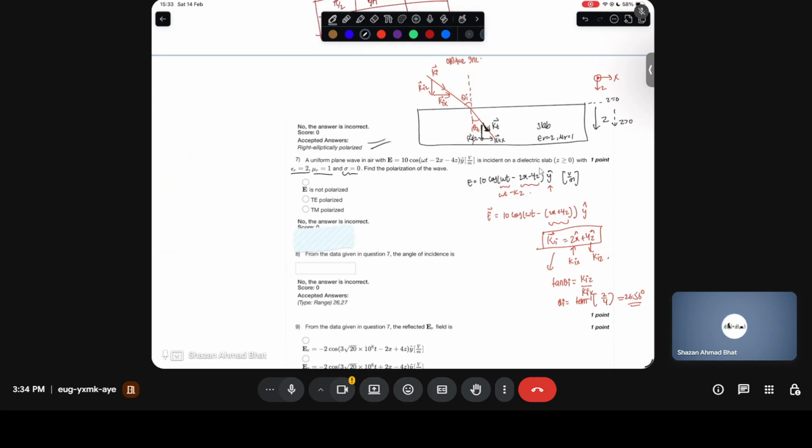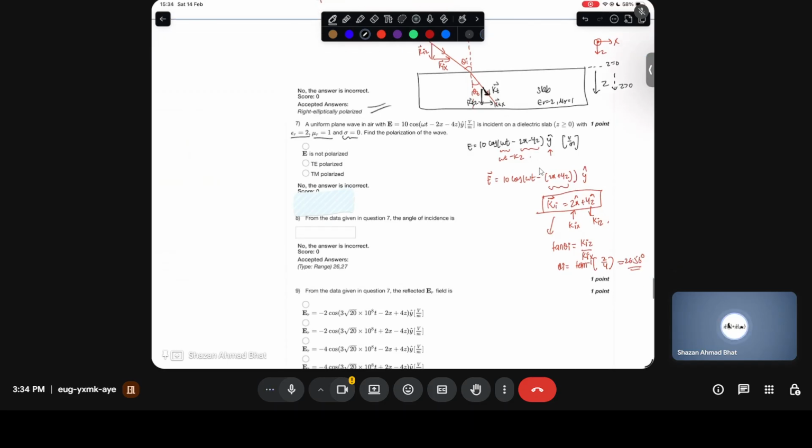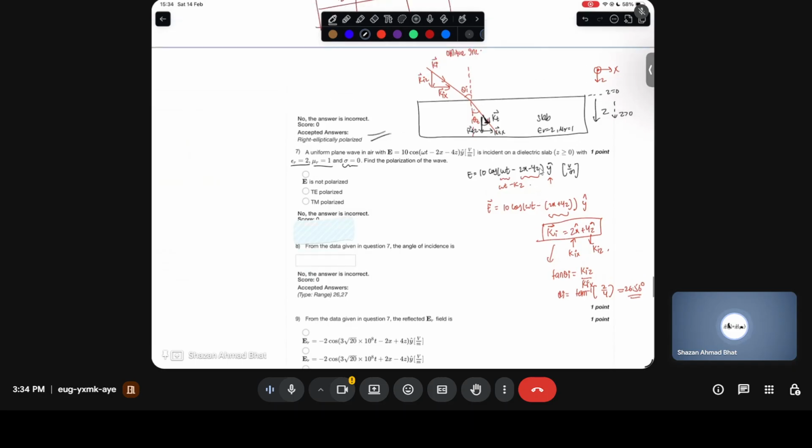Okay, so now if this is theta t, then this angle will also be theta t. And now what you have to obtain is theta t. Another thing is that once it gets transmitted, one part of it gets reflected, and this is theta reflection.